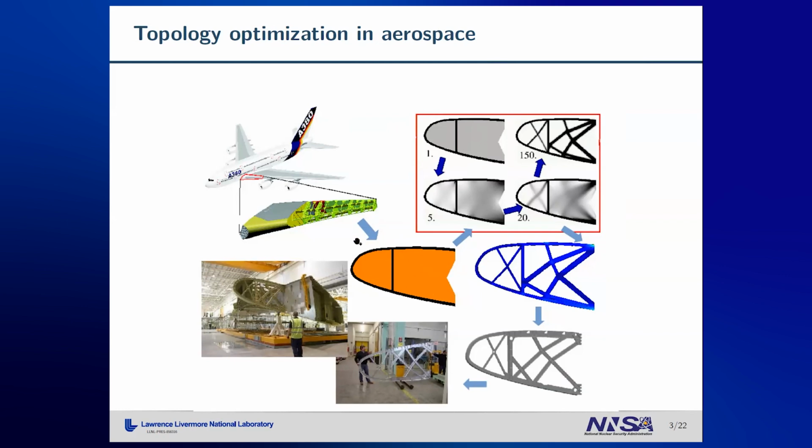That's an example of designing the rib of the wing of the Airbus A380, and the goal is to minimize the weight and at the same time keep stiffness up to a certain level, so this will fulfill the requirements for safety. We start with the blank domain. The distribution of material is described by a density function, which takes value 0 if the point is void, and value 1 if the point is occupied with a solid material.